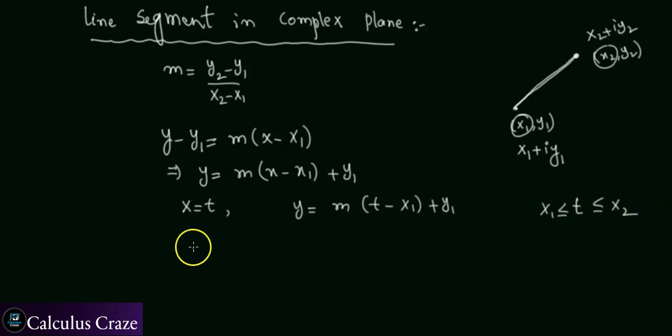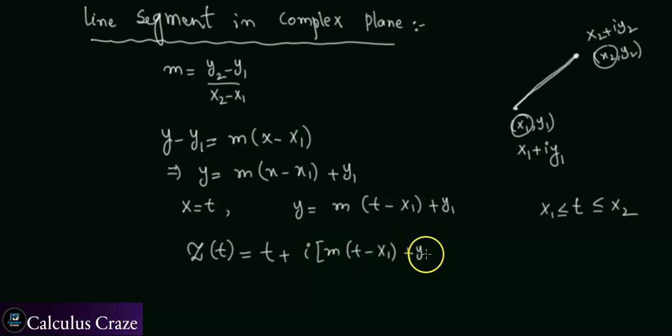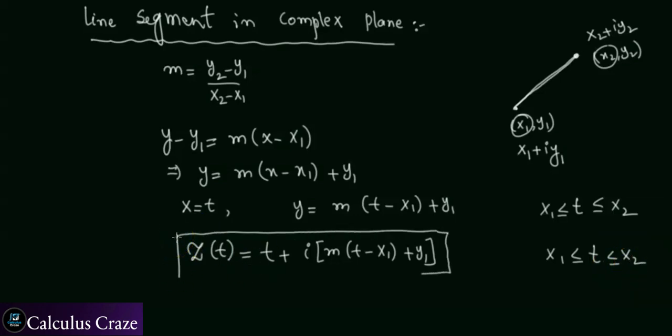I can write this as a complex function: x of t, which is t, plus iota times y of t, which is m times t minus x1 plus y1, where t is running between x1 and x2. This is the parameterization of a line segment in the complex plane.